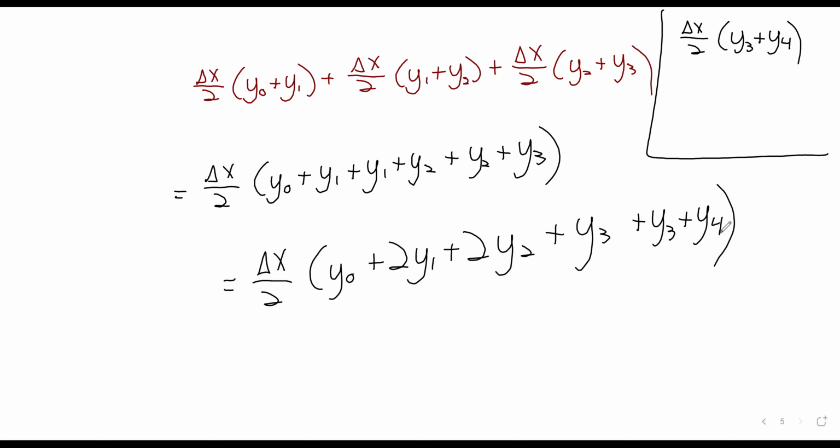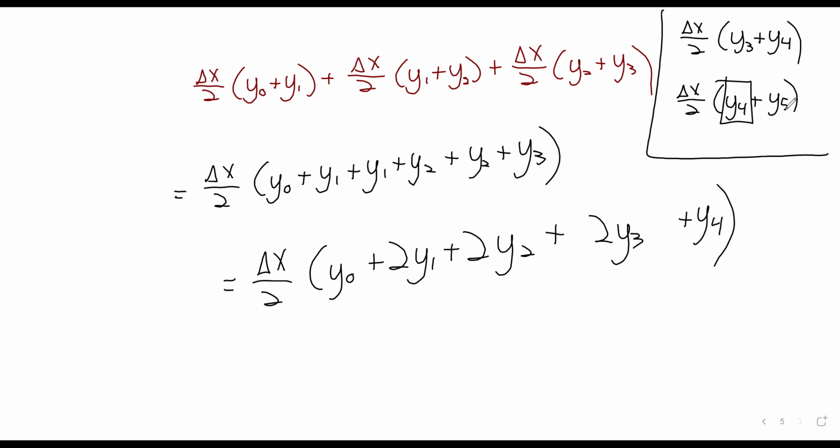So now these y3s combine together. And now it's the y4 that's by itself. And this pattern keeps going if we add in the next trapezoid. This will give us another y4, so we'll have a 2 in front of the y4, but it will also give us a y5 with nothing in front of it.